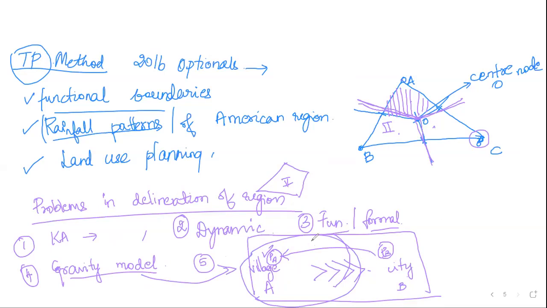In spite of being a village, if I'm using the gravity model analysis, then village A will have a greater point of attraction than the city B, and therefore this is a flawed model, since it is entirely based on population.